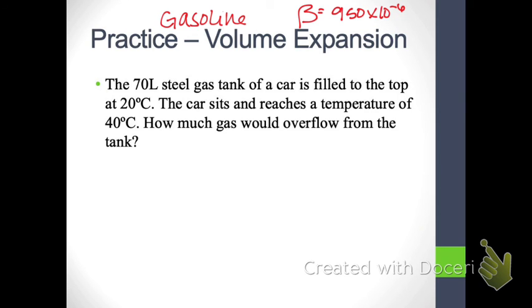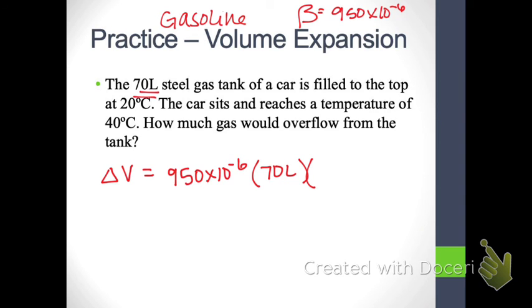Okay, so let's start thinking about this. Our original volume of gasoline, right? If I'm trying to find out what's my change in volume going to be, my beta value is 950 times 10 to the negative 6th. My original volume is going to be that full 70 liters, right? It's got to be my full 70 liters because it says my tank is full.